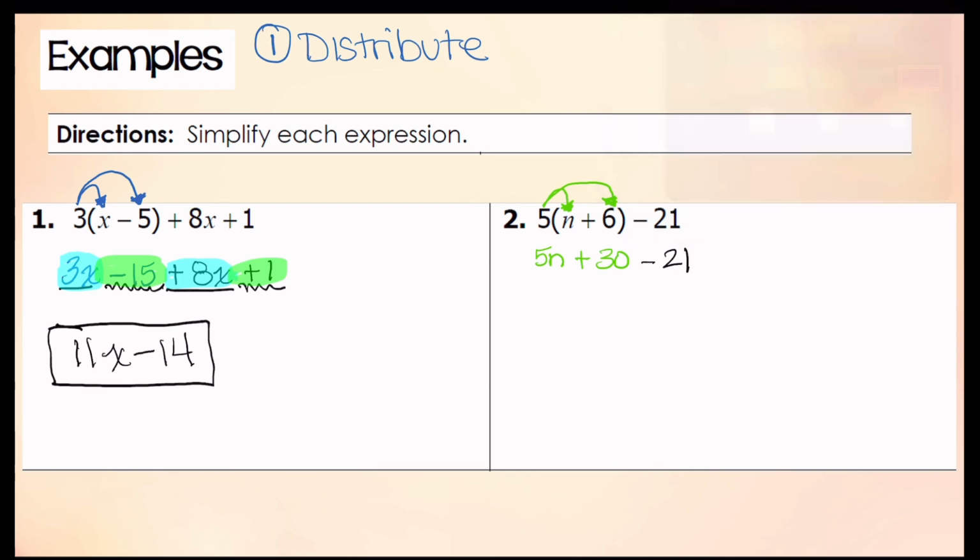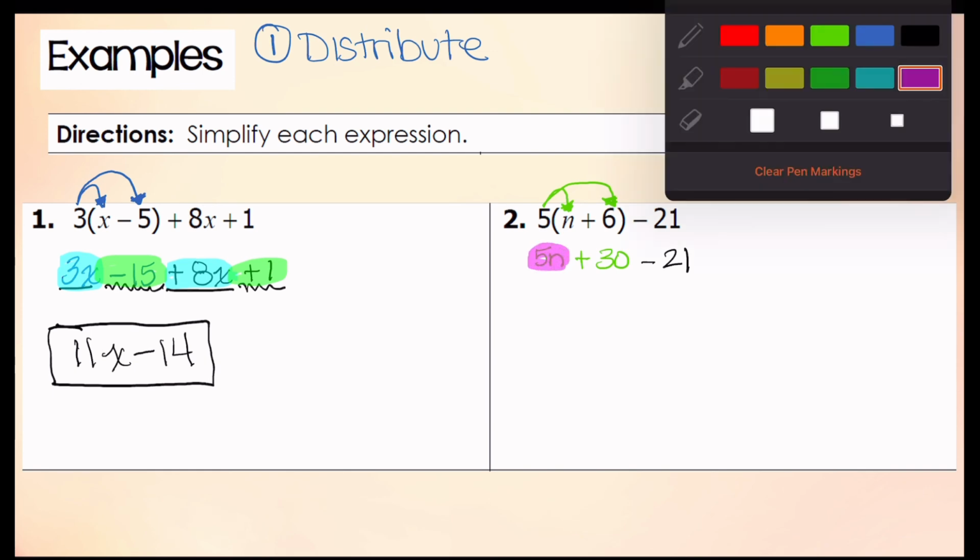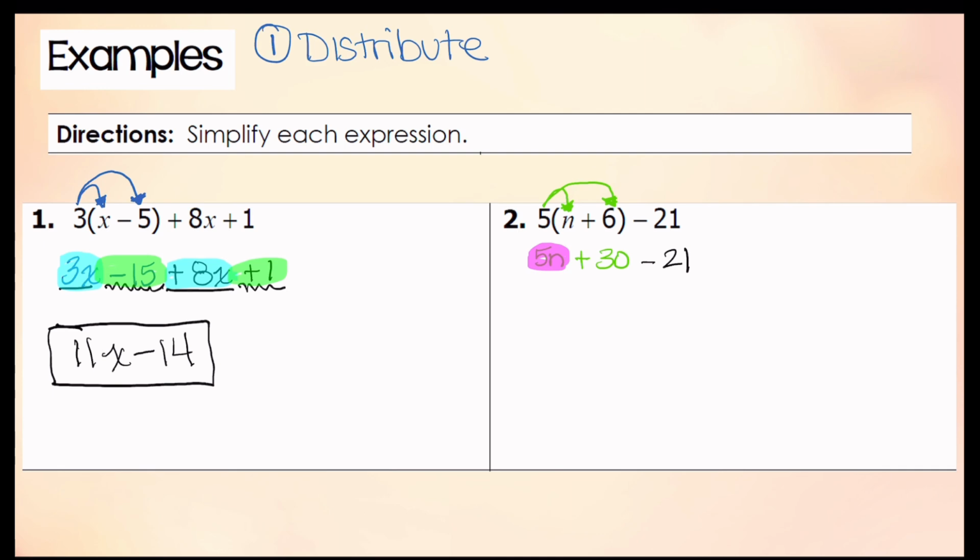When I go group my like terms, all right, there's only one variable term. That's fine. That's going to happen, ladies and gentlemen. But I have a constant here and a constant here. So when I go do my groupings, I'm just going to write 5n, a positive 30 minus 21 gives me a positive 9, and I am done. Okay?